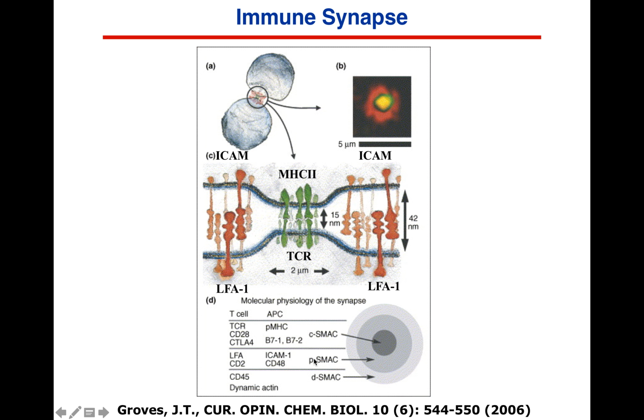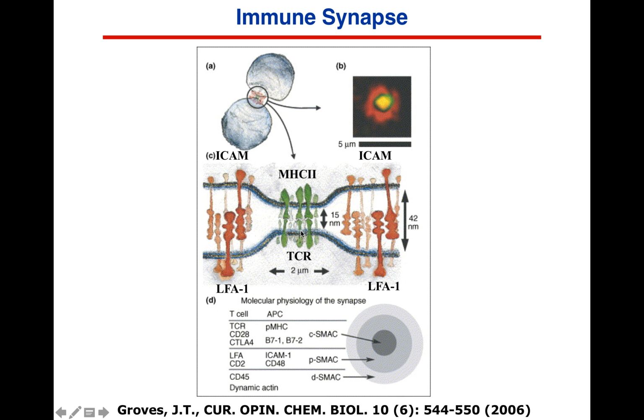They're distinct types of proteins that interact in that bullseye. In the center you have the T cell receptor and the MHC2 plus CD28 and the B7. All of these on the APC side have maximum interactions here.